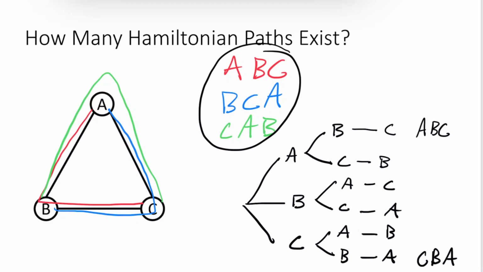So when we do this choice tree and calculate 3 times 2 times 1, because you have 3 choices for where you start, 2 choices for where you go from there, and then 1 choice for your last vertex, that gives you 6. But the number of Hamiltonian paths is 3 because you divide by 2 to account for the fact that your paths were double counted for forwards and backwards.